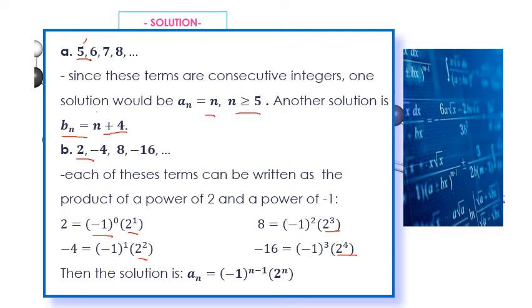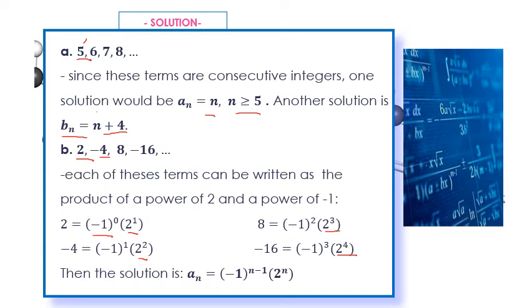So, we have negative 1 raised to the power of 0. So, this is 1 man Japon kay any number raised to the power of 0 that is equal to 1. So, that is 2 raised to 1 is positive 2. Next, negative 1 raised to the power of 1 is negative 1 times 4 is negative 4.